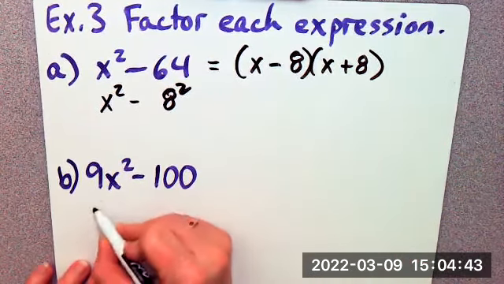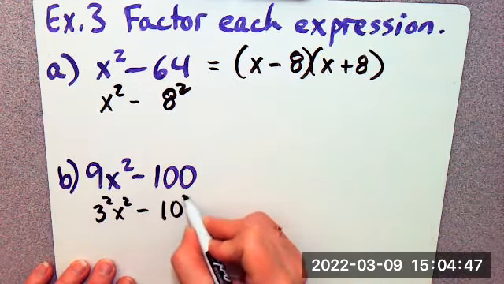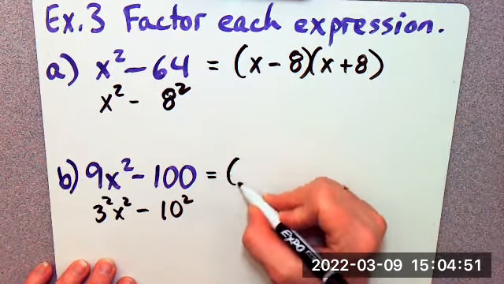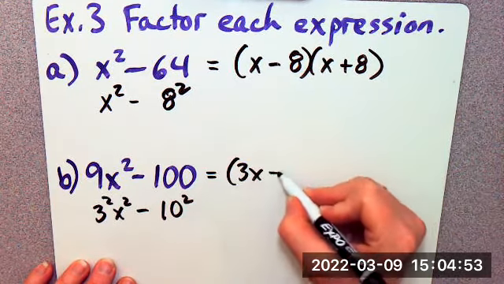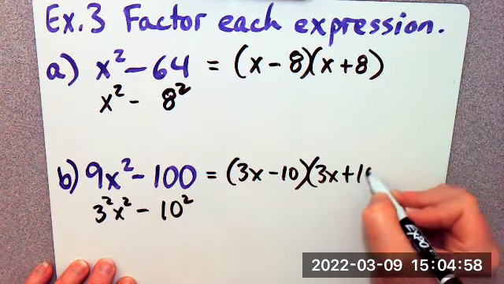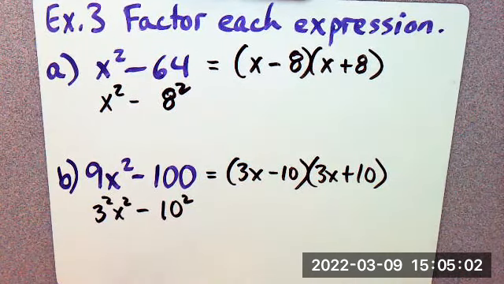This one we have 3 squared x squared minus 10 squared. So we have a difference of squares again. So this is going to be 3x minus 10 times 3x plus 10. So these are pretty easy. I like difference of squares, difference of two squares.